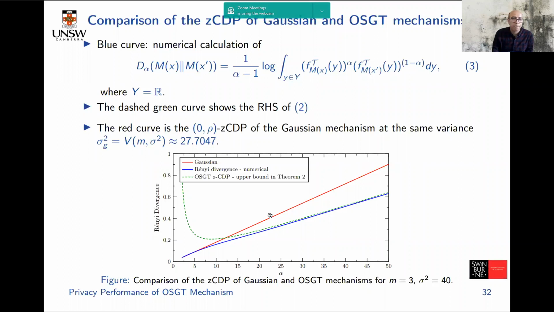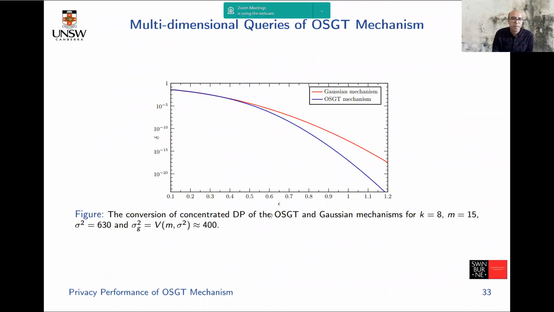Also, I didn't include the detailed multidimensional analysis of OSGT because it just involves complicated formulas, but it is available in our arXiv paper. You can refer to that.